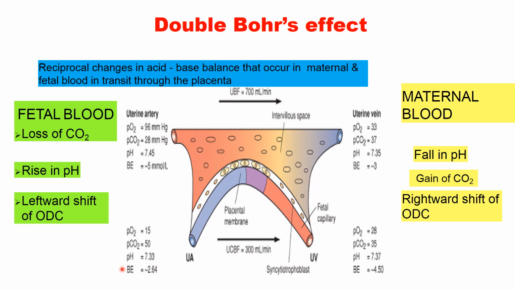So this loss of carbon dioxide along with the rise in pH on the fetal side results in leftward shift of the oxygen hemoglobin dissociation curve, and similarly there is a gain of carbon dioxide and a fall in pH that results in rightward shift of the oxygen hemoglobin dissociation curve. So these reciprocal changes in acid-base balance that are occurring in maternal and fetal blood during the transit through the placenta are known by the name of double Bohr effect.